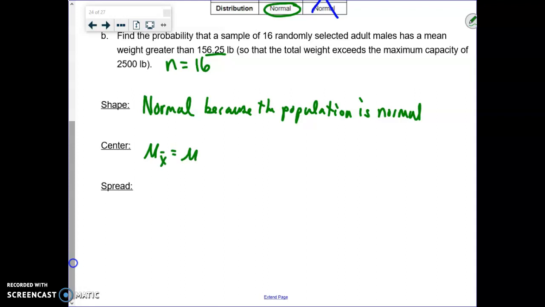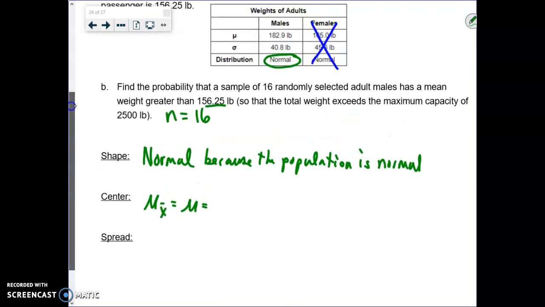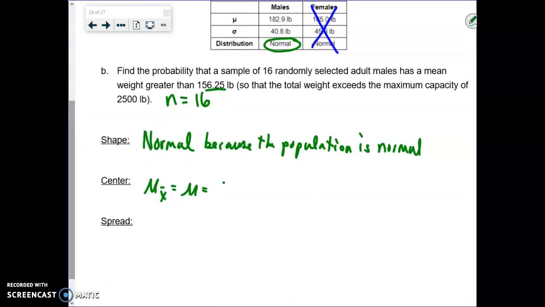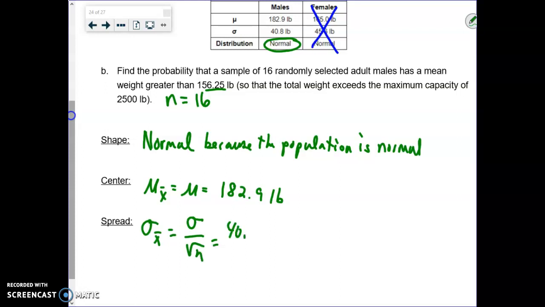Well, that's equal to the mean of the population, which again was 182.9 pounds. That never changes. Now the spread does. The standard error is equal to the standard deviation of the population divided by the square root of the sample size. Well, again, this was 40.8 divided by the square root of 16, which gives us a value of 10.2 pounds.